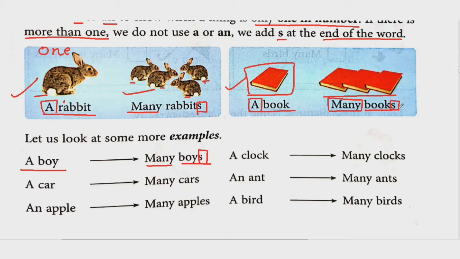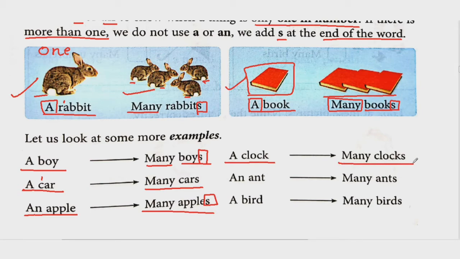Next one, a car. Why have we used a? Because it starts with C, a consonant, and the car is only one. Many cars. Fine. An apple. एक ही apple है. Many apples. So एक से ज़्यादा apple है तो we will say many apples. A clock. Many clocks.